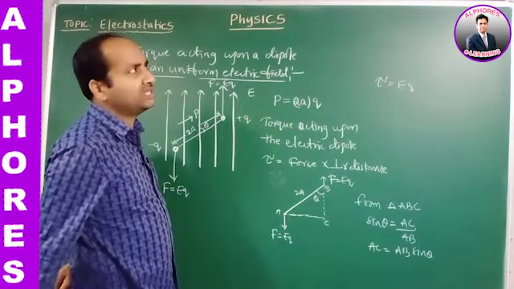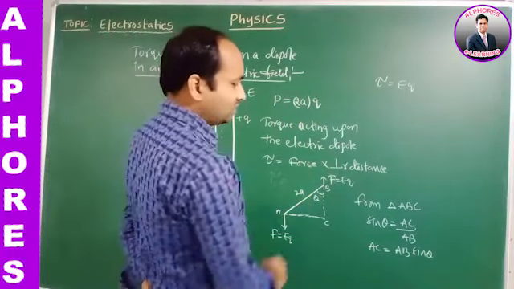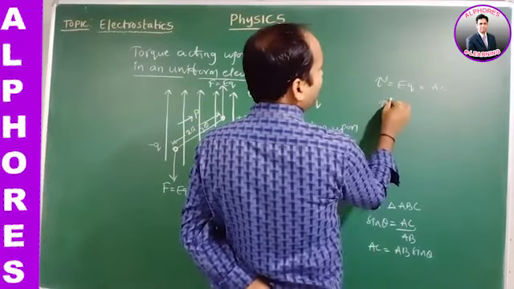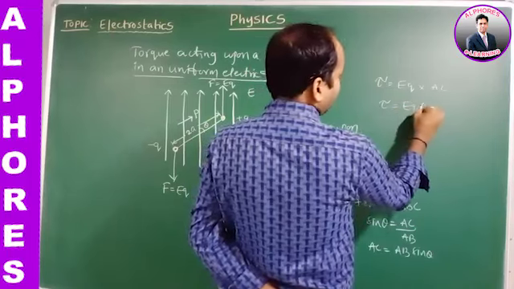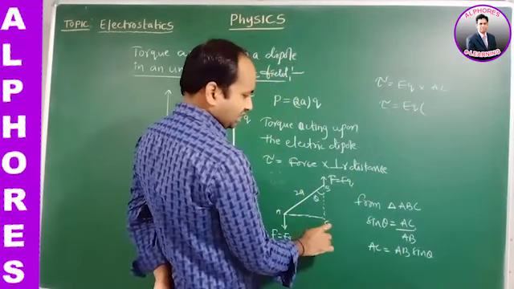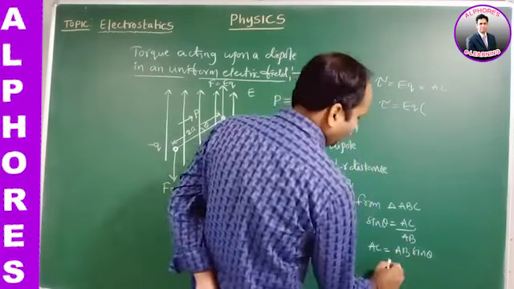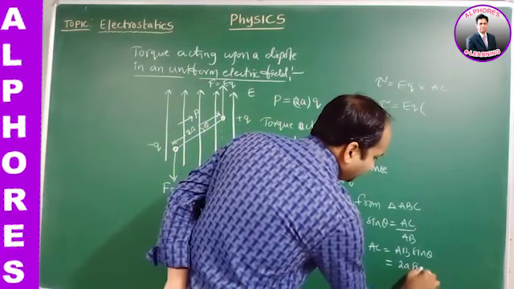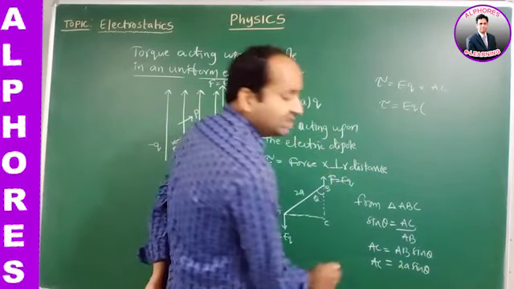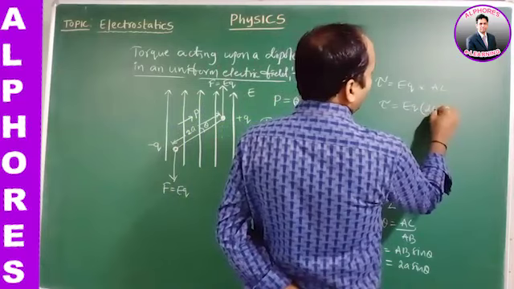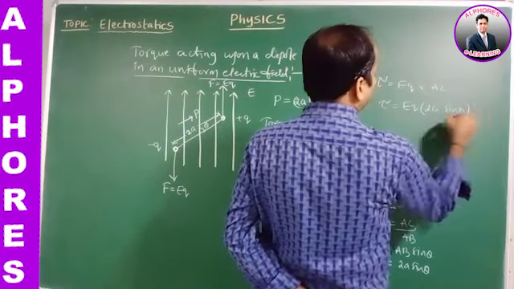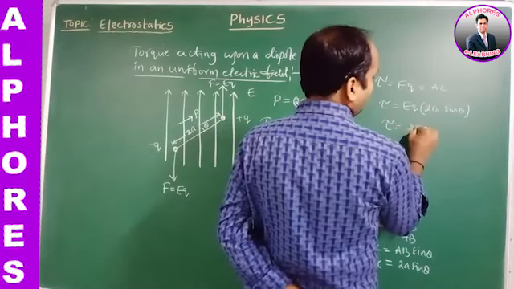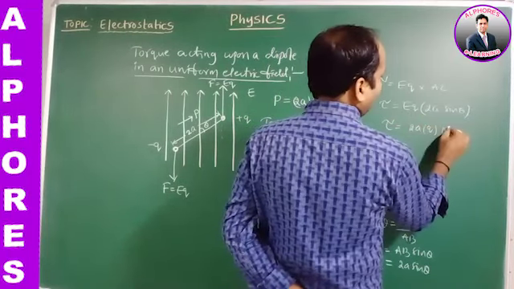The magnitude of the force is Eq. And the perpendicular distance AC is AB sin theta, but AB is equal to 2A, so AC is 2A sin theta. Can we write it like this? Torque tau is equal to 2A q E sin theta.